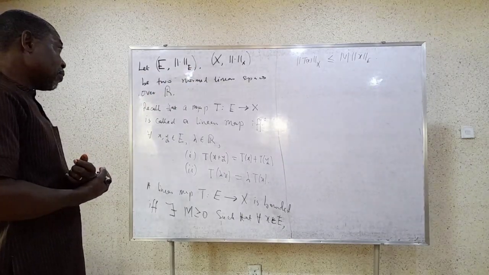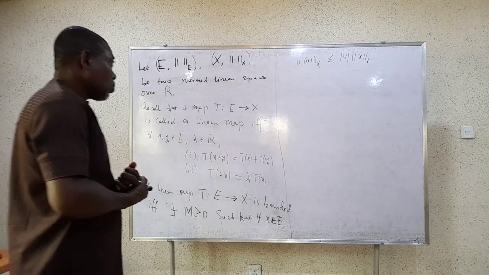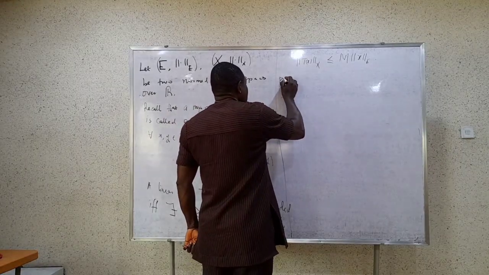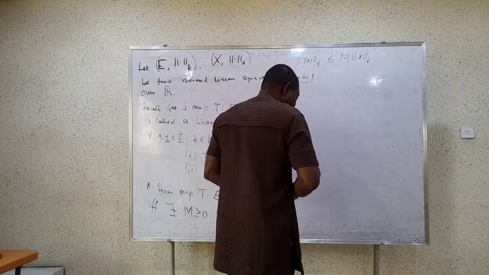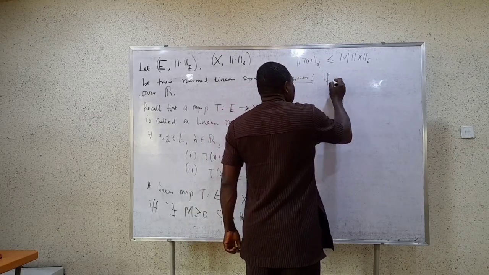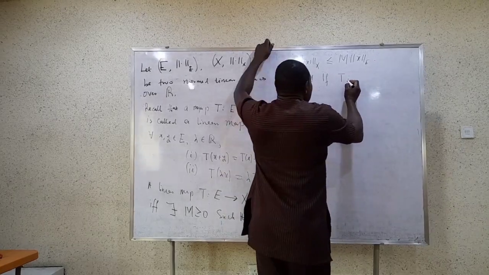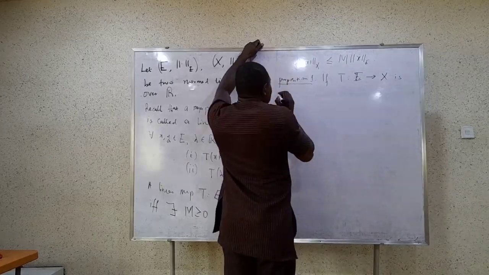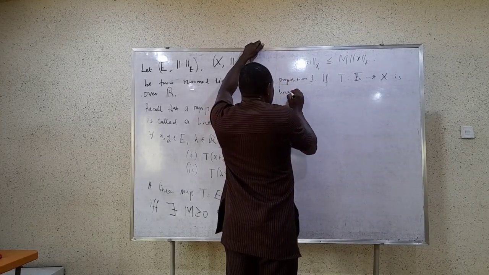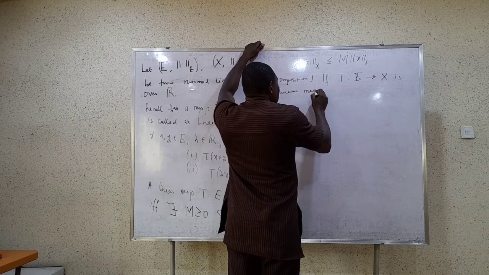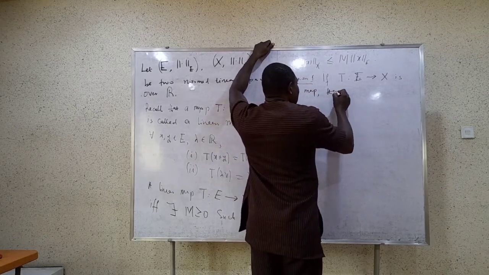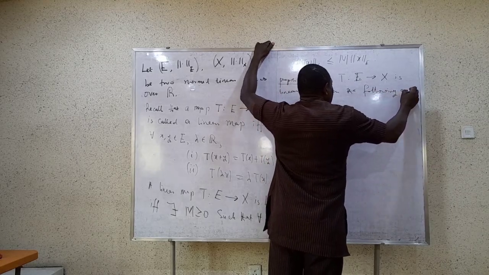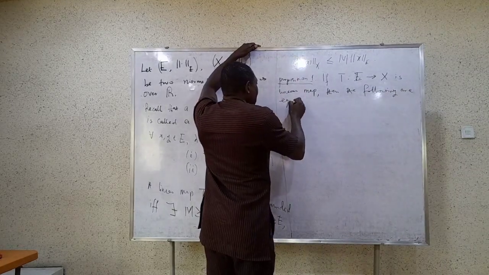A bounded linear map. And then one thing we need to understand, let me put this as a proposition. One, if T from E to X is a linear map, then the following are equivalent.